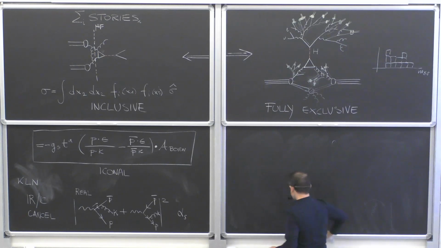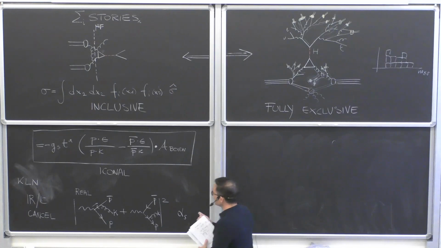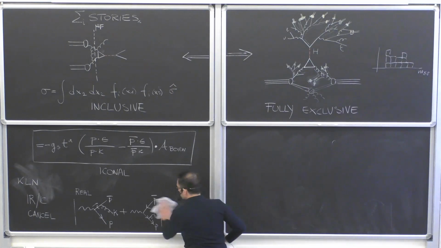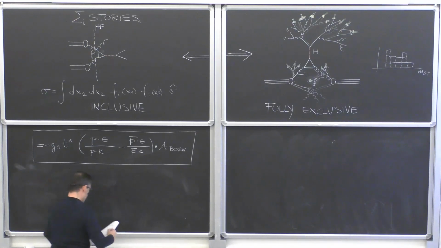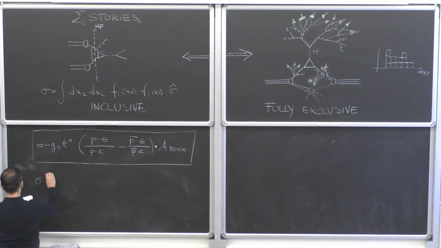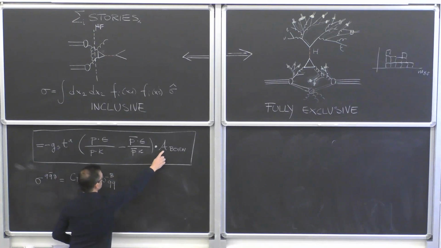So this eikonal term, this amplitude, is actually all I need now. So I square it. My sigma QQ bar G is, I square the T, I take the trace of T^a T^b, and get C_F. Then I get g_s squared sigma QQ bar Born from here.